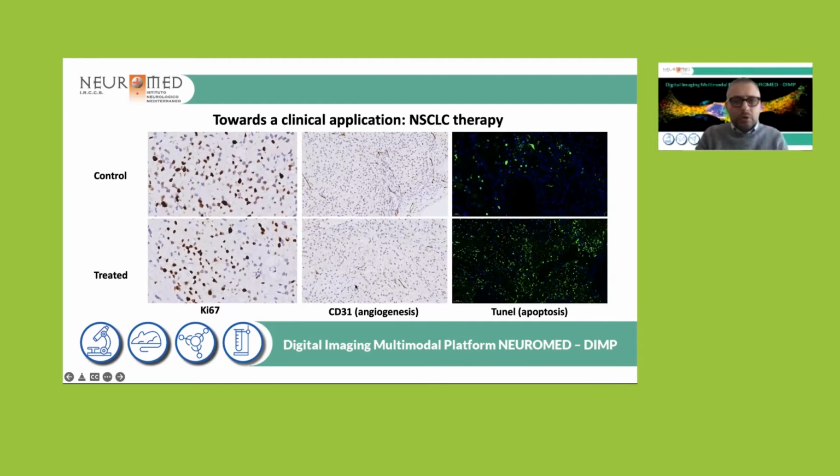It is a bit more in the angiogenesis. You see there are a bit fewer new vessels in the cancer, but apoptosis shows a strong difference. So cells, if you treat them, start to die.